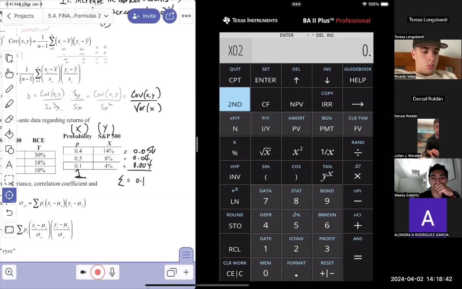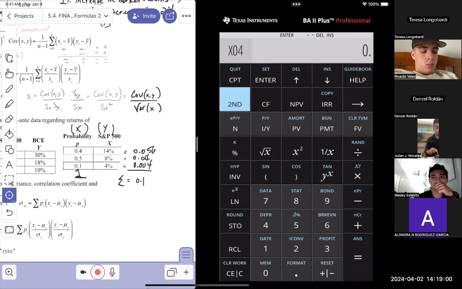That's my pair, X and Y. The next one, 0.5 enter down and 0.08 enter down for the second data point, and then 0.1 enter down and 0.04 enter down.